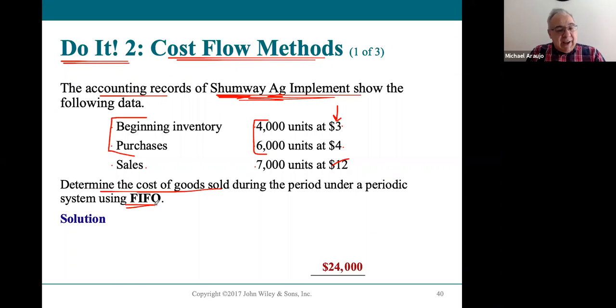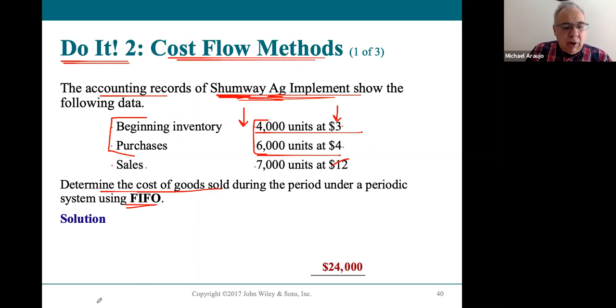If you use FIFO, which 7,000 units were sold? Well, FIFO starts at the top and goes down. So the first ones on the list, these 4,000, were sold as part of that 7,000. But you also needed 3,000 of these units to make the 7,000. So you had 4,000 sold at 3, 3,000 sold at 4.